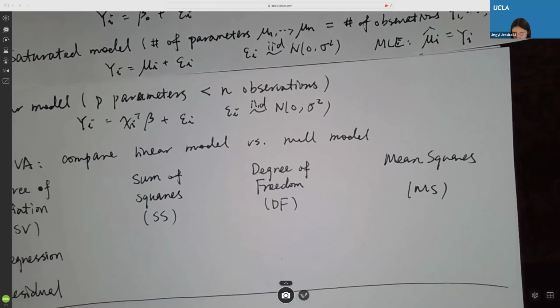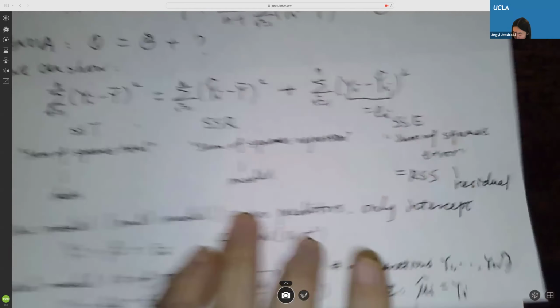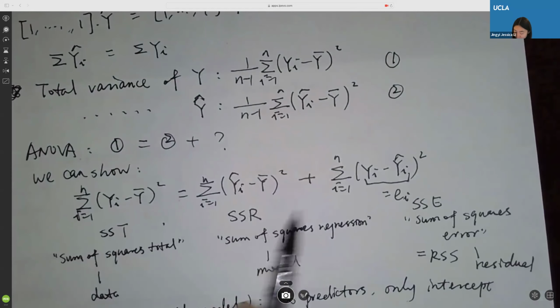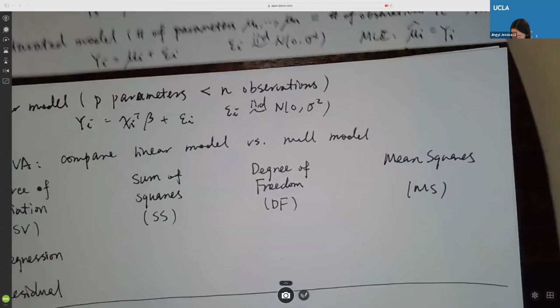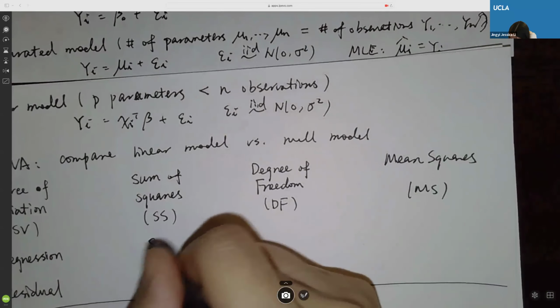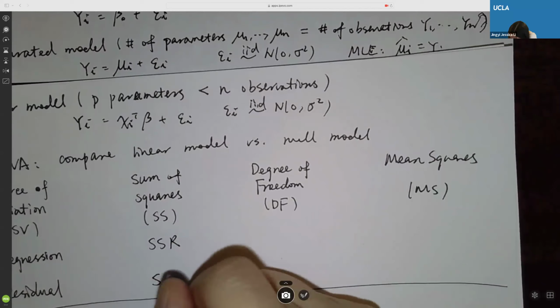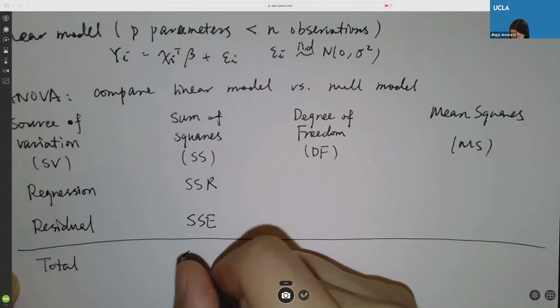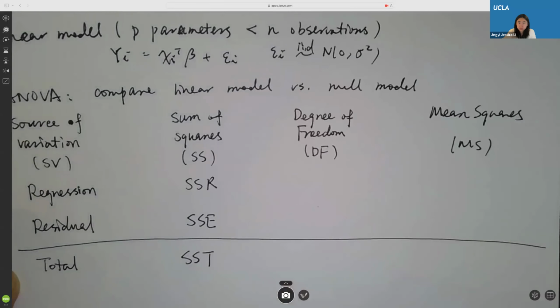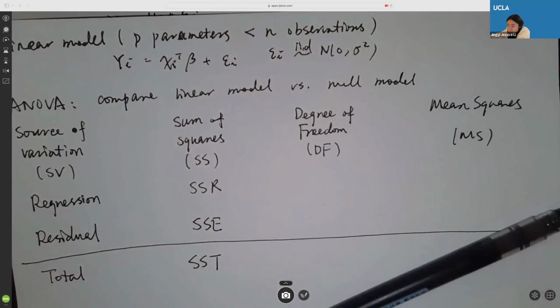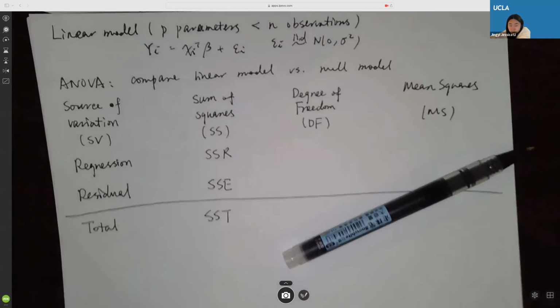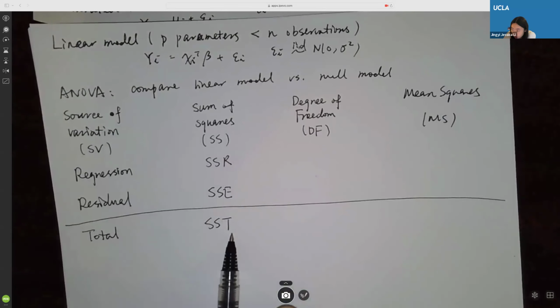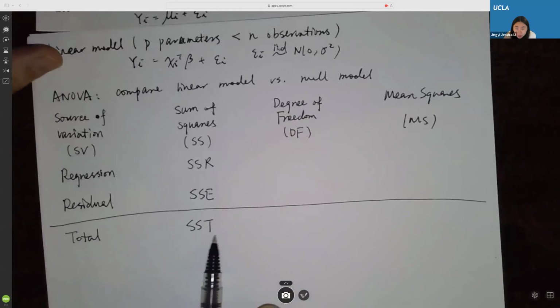So if I put what we calculate in the ANOVA equation, which is SST equals SSR plus SSE, then this is SSR, this is SSE, and they add up to SST. So this is the first column.